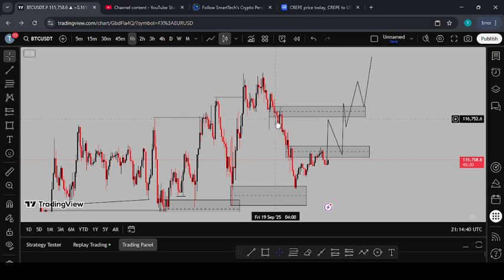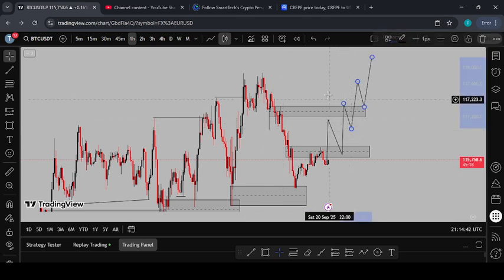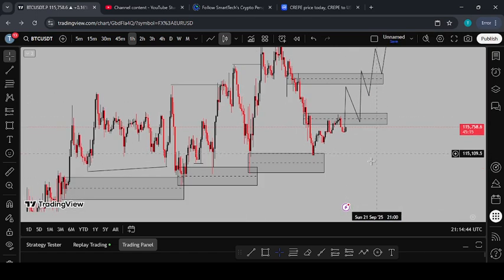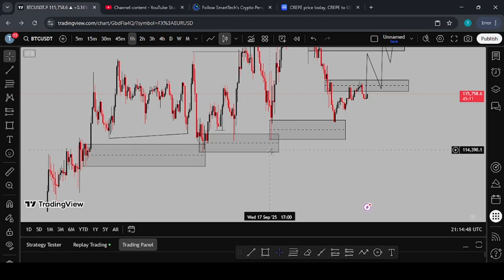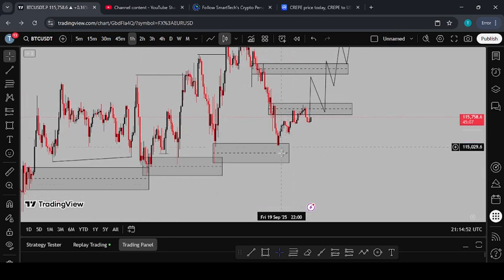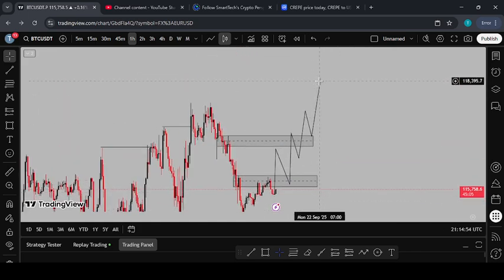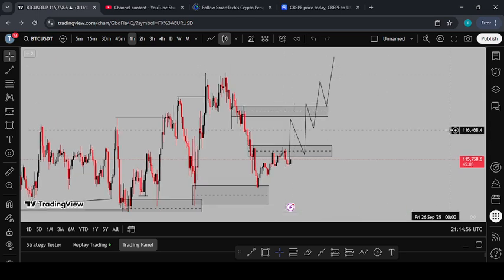There might be a possible rejection from here, but I don't think it will be strong enough to break structure to the downside, because market is coming from a strong demand zone. Just look at how it respects 1, 2, 3. So if we see another one here to be 4, that might take market high to take out these highs. This is a possibility of what can happen.